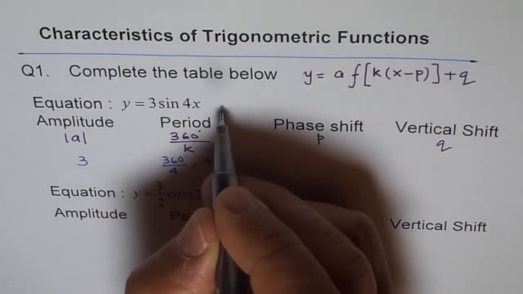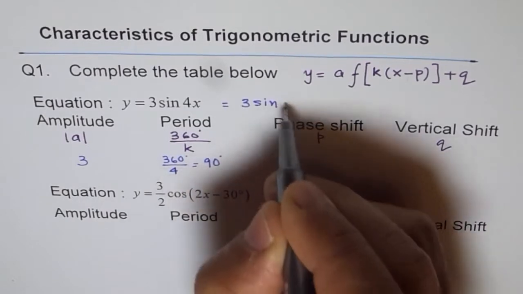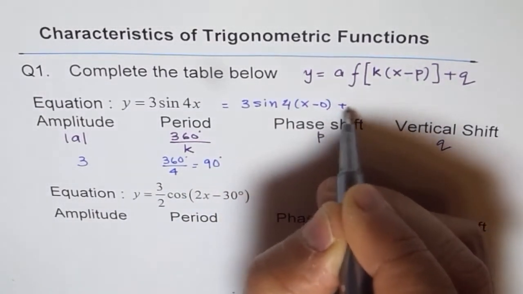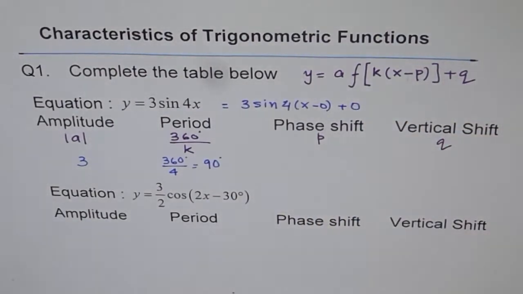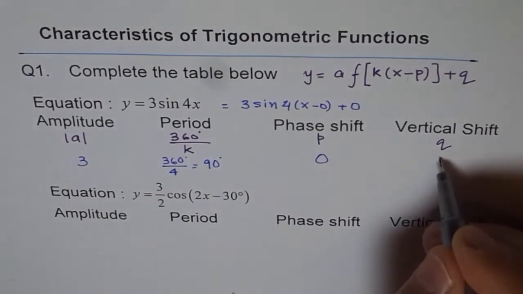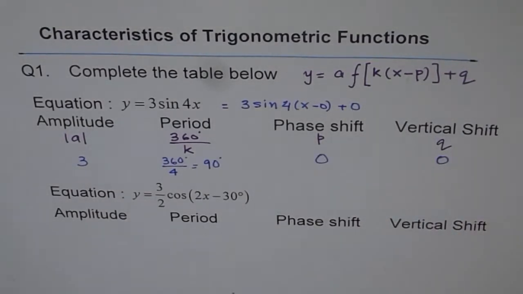You can write this equation like this: 3 sine of (4x minus 0) plus 0, just to make it equivalent. The phase shift is 0 for us, and the vertical shift is also 0. That means the axis of symmetry remains along the x-axis, correct?